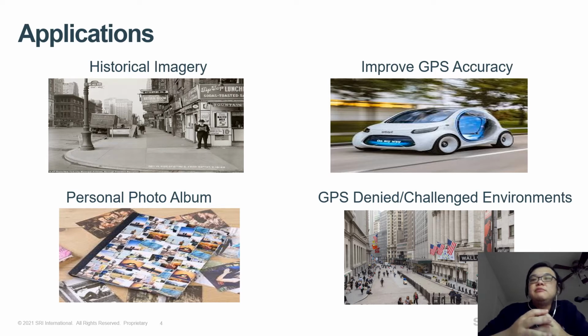The other important application is self-driving cars or other robotics applications in GPS-denied, challenging environments. GPS is a typical sensor to provide the geolocalization of the platform. However, GPS accuracy degrades in urban areas.